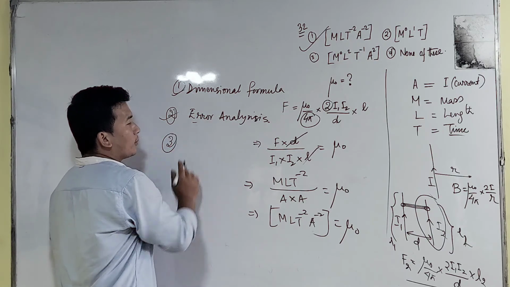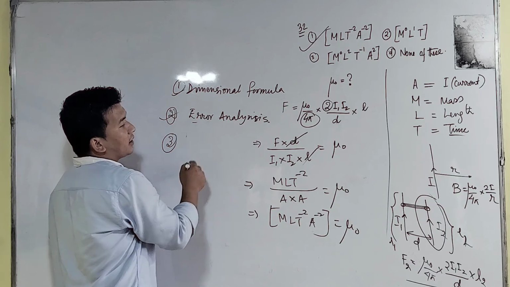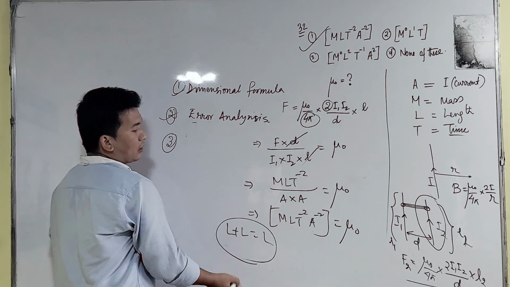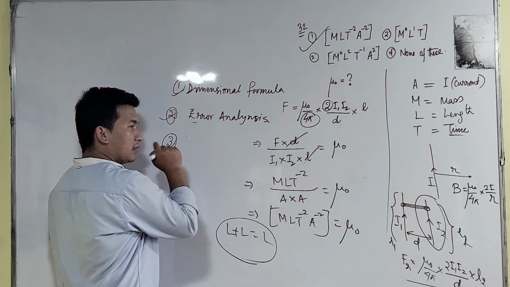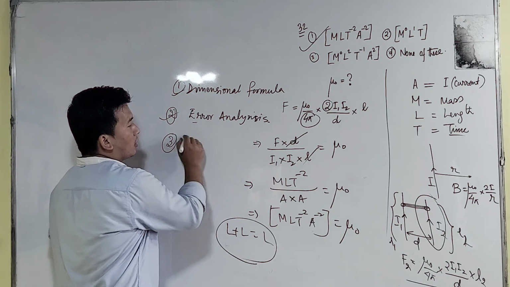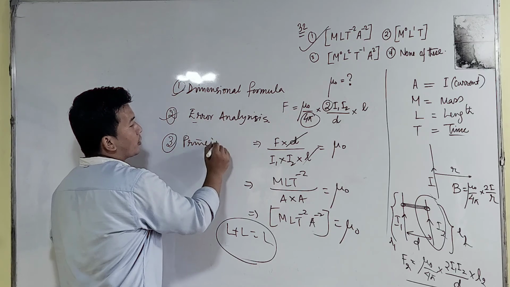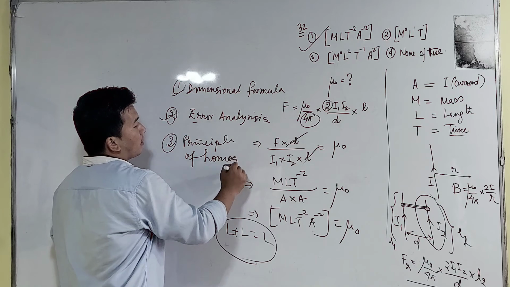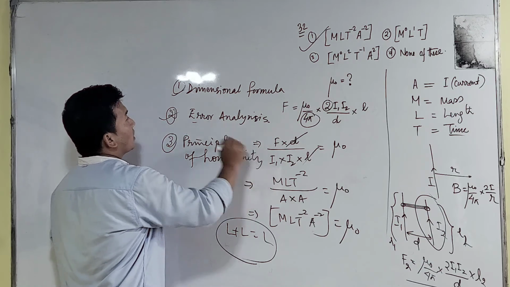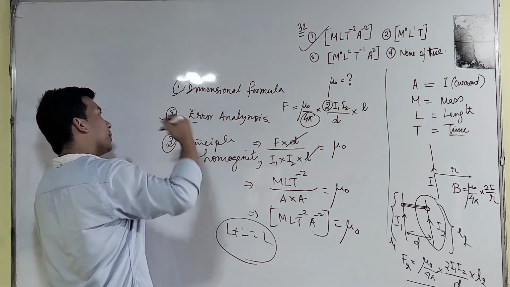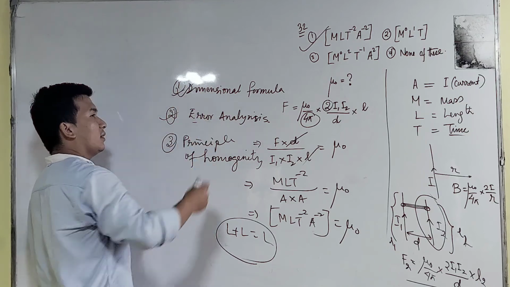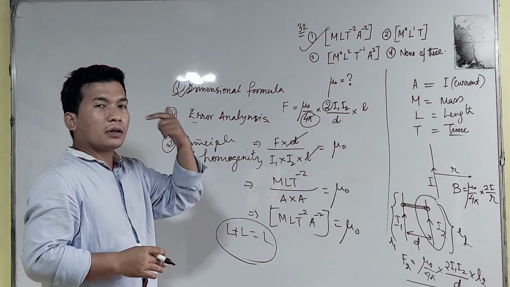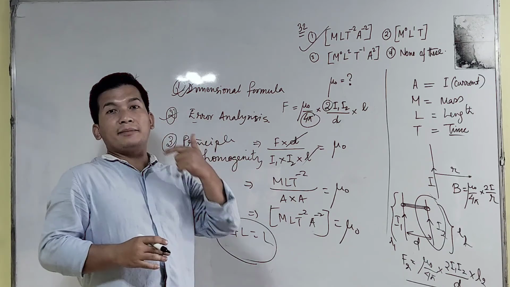Next, third, the principle of homogeneity of physical quantities, where length plus length is equal to length. If you know how to approach dimension formula based questions, that's well enough. You have limited time, you should prepare systematically, with a methodology.